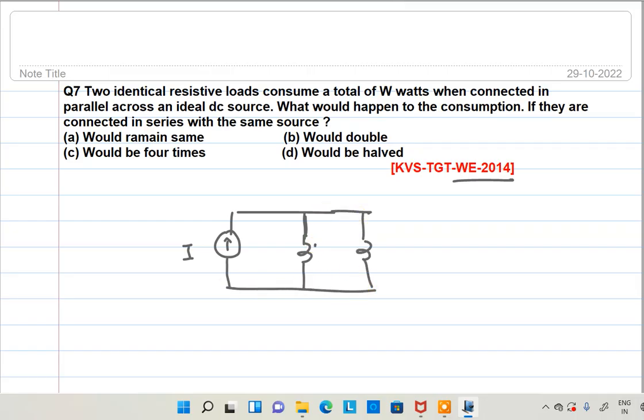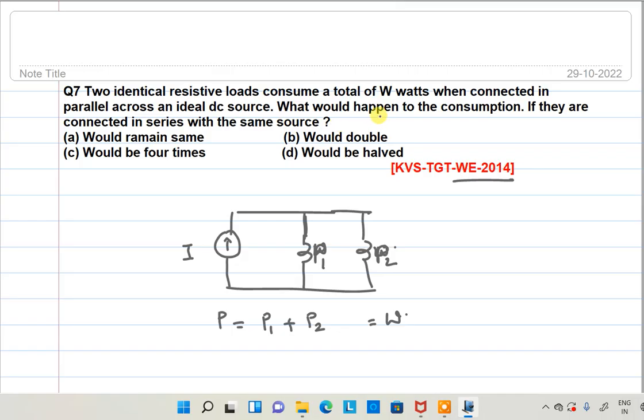Let me take this as P1 and this as P2. Total power P is equal to P1 plus P2. That is given as W watts, right?